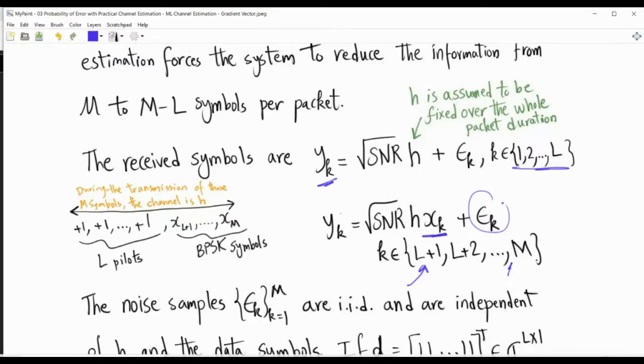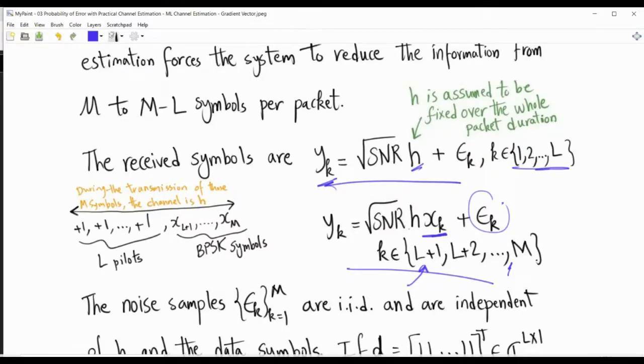So we have the model now written for the whole received bucket. We have M received signals. The first L of them correspond to the transmitted pilots of +1, and the last M minus L of them carry data. Now, H is H, not H sub k, because of the assumption that the duration of the whole bucket of M symbols is smaller than the coherence time of the channel.